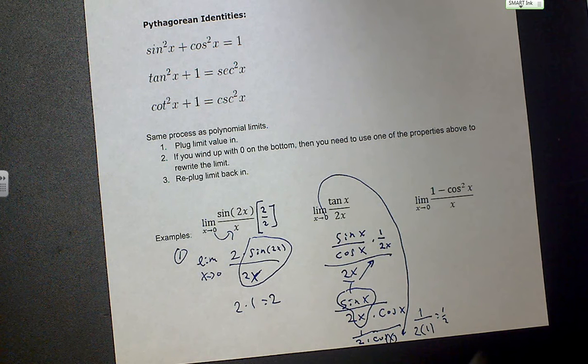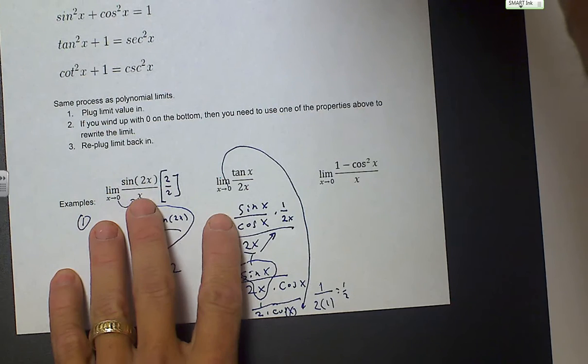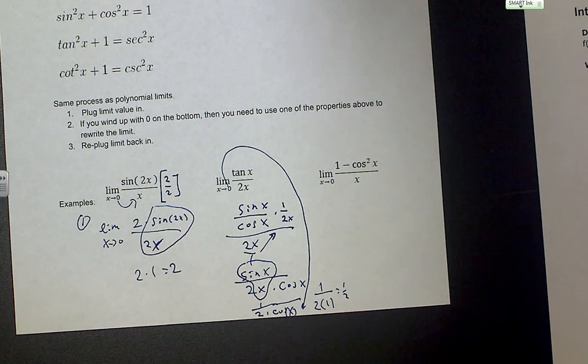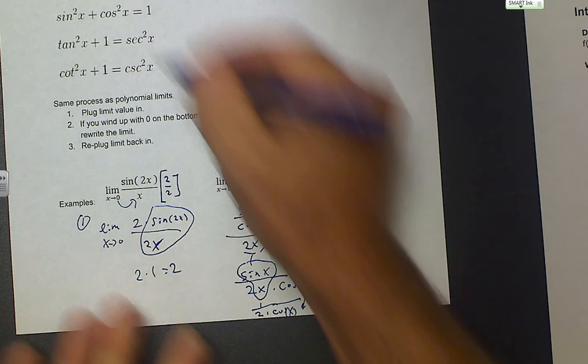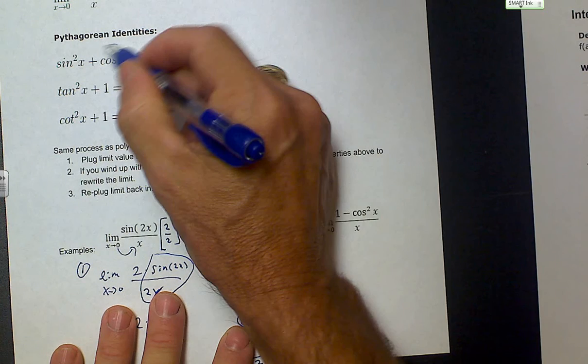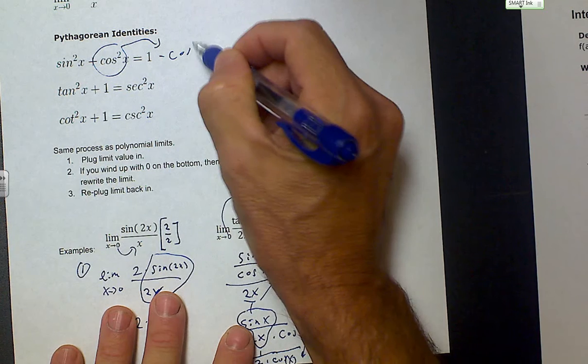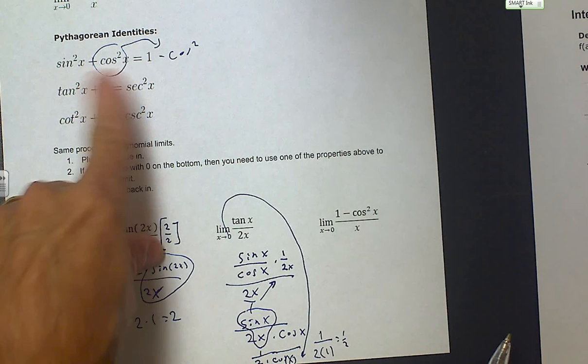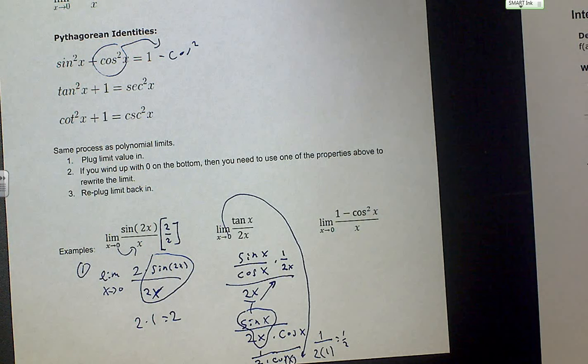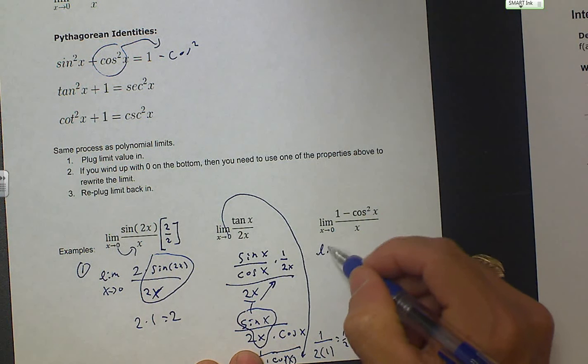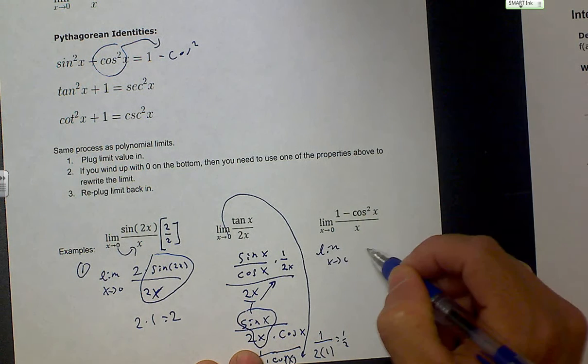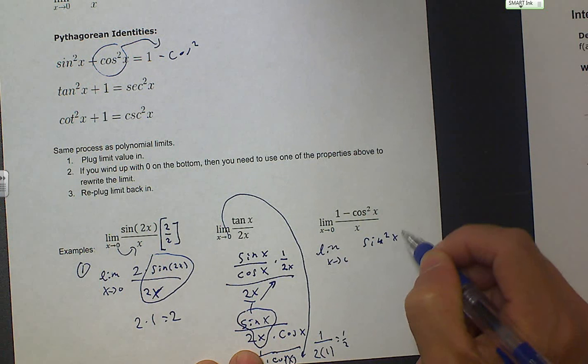Last one, 1 minus cosine squared. What is that? Sine squared, right? If I look up here at this, if I was to bring that over here, I'd have sine squared equals 1 minus cosine squared, wouldn't I? So that's really the limit, as x approaches 0, of sine squared over x.